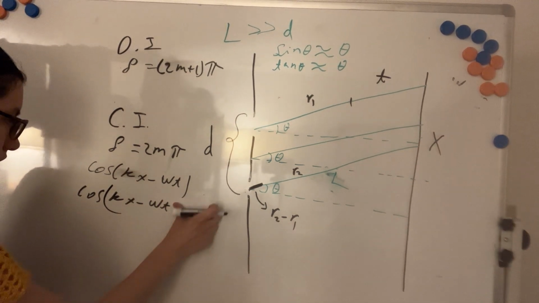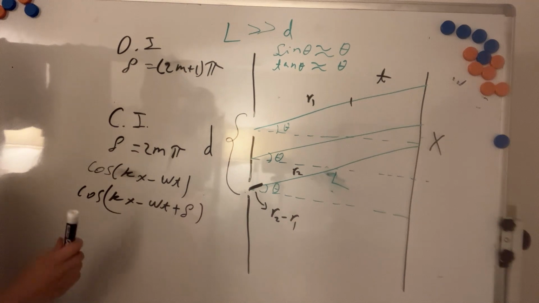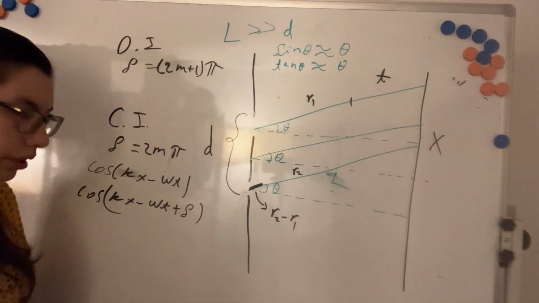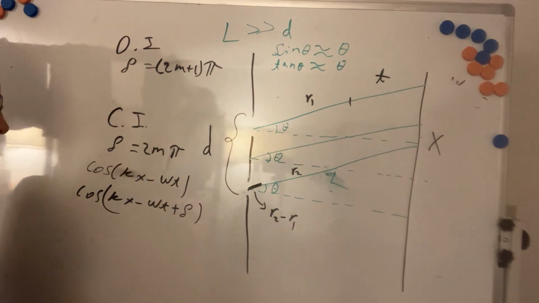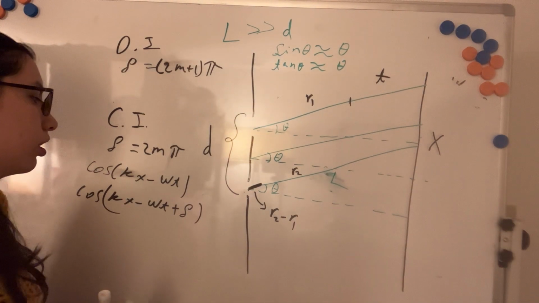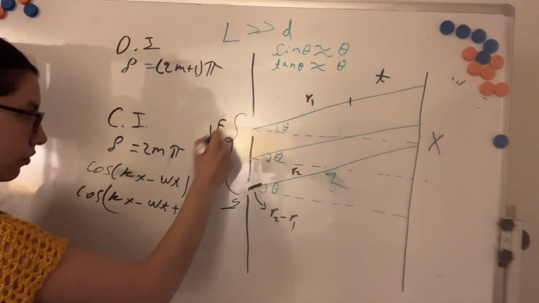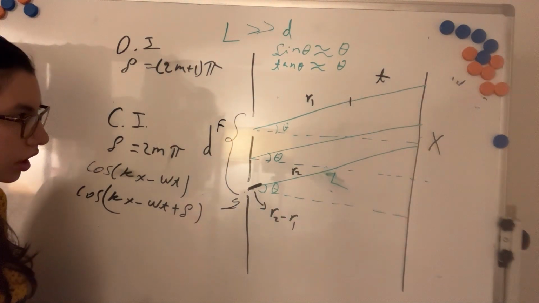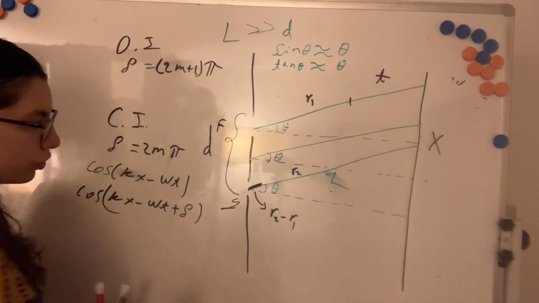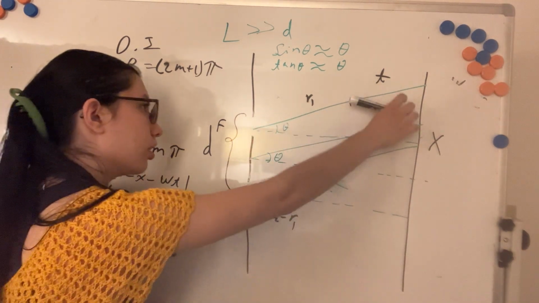When we add, we have a phase, that is the pi or 2 pi or whatever we were talking about, which will produce a difference in the path traveled. Let's say this is G and this is F. They have the same frequency and the same speed of propagation, but this wave traveled a different distance than this wave.